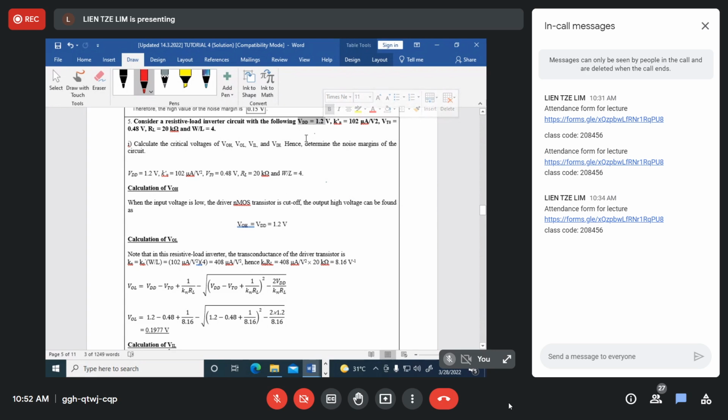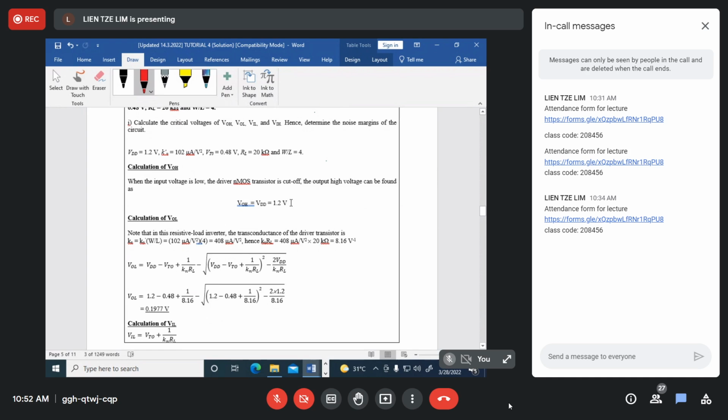And then for VOL, there is a formula here. This is the formula. You need to apply this formula and substitute all the values given for the parameters in this formula.